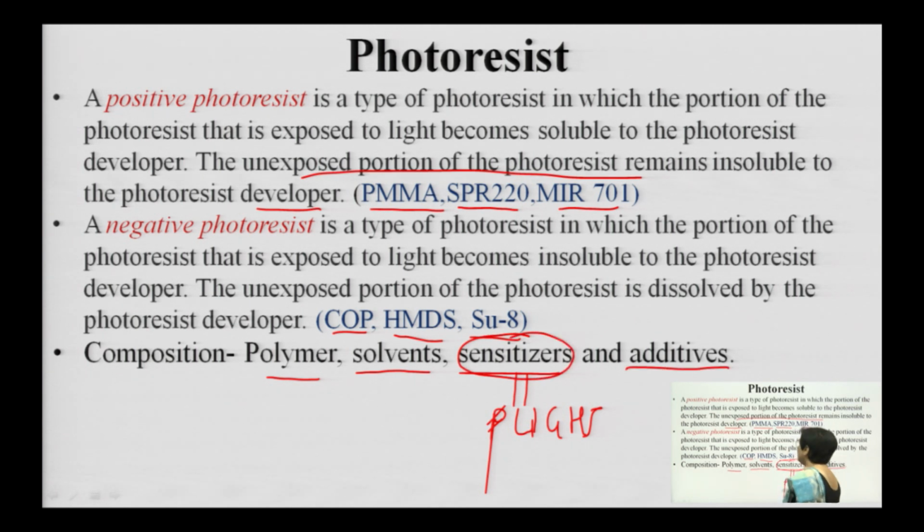Many times, to isolate the layers, or if you have multiple patterns being fabricated one by one, to isolate different PRs, you add additives known as dyes or colorants. So, basically you have these 4 constituents which make a PR, that is the photoresist material. It is basically comprising polymer, solvent and the sensitizer.